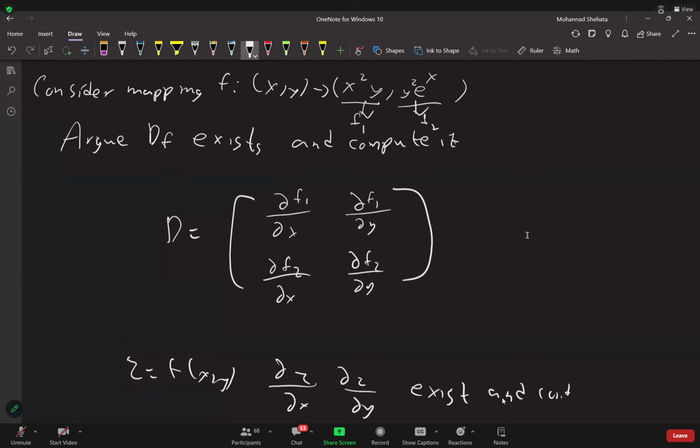We have to check something else. Yes, they have to exist near (a, b), and they have to be continuous at (a, b). Now, how do you check they exist and they are continuous? Well, in this case, since this is a polynomial function or an exponential function, no matter how many times you keep taking derivatives, the derivatives will keep existing everywhere on their domain, basically.